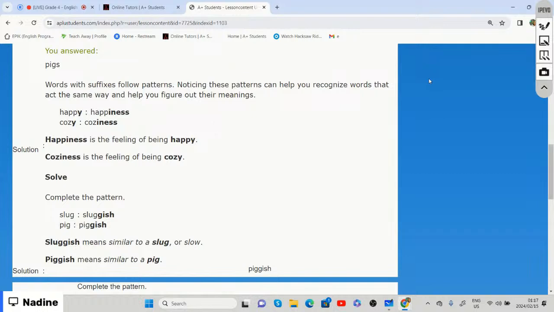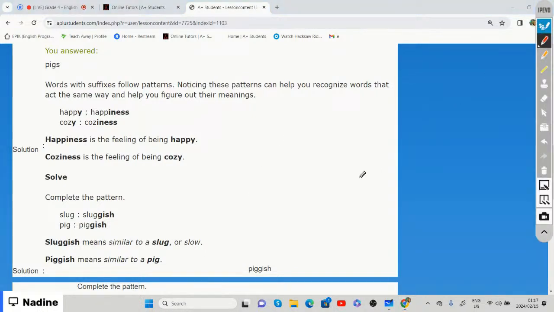And the meaning of sluggish, it means similar to slug, or it can be slow. Usually it's the way somebody walks. I don't know if you've noticed when somebody walks, you can literally hear them coming because the feet would be going on the floor, as if they're not picking up their feet.